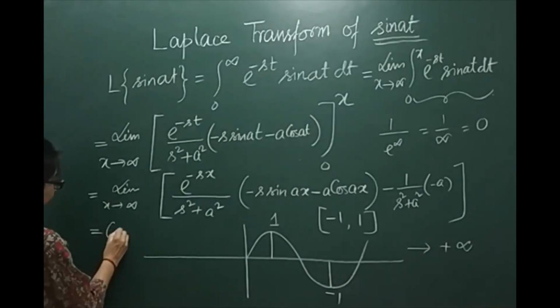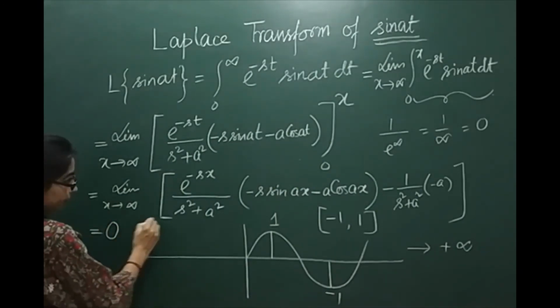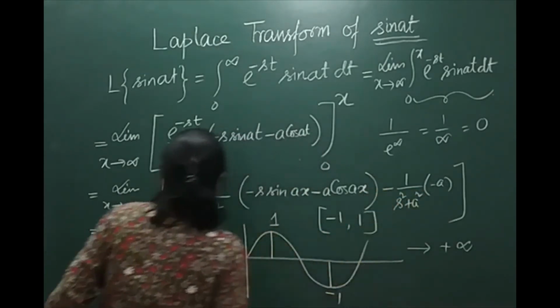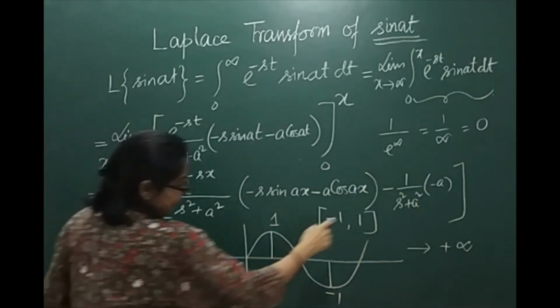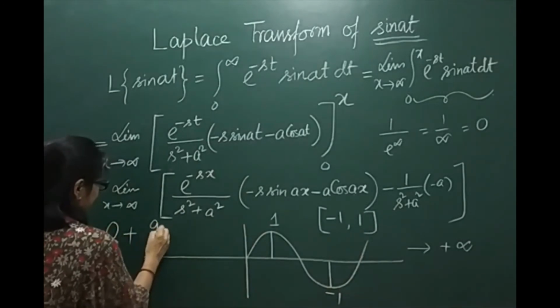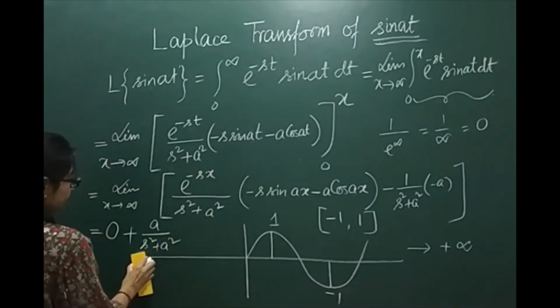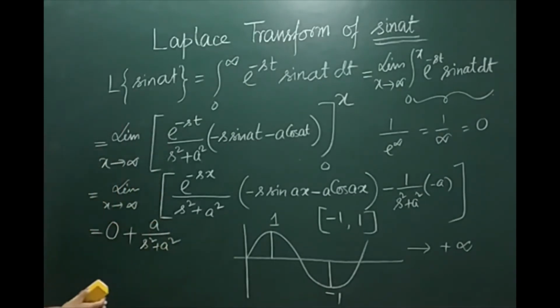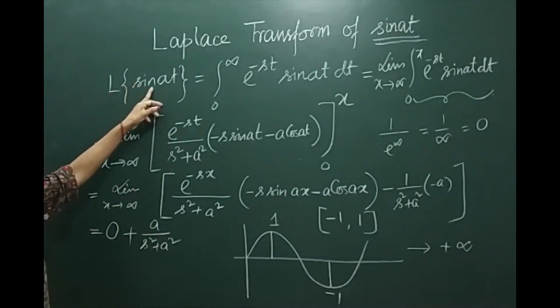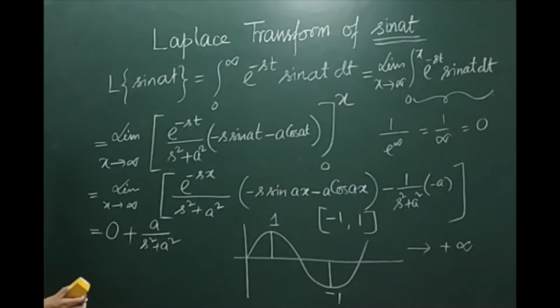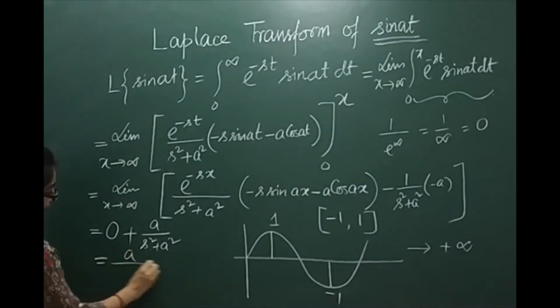So we will have 0, and this minus and that minus will be plus, and here we will have a by (s² + a²). So the Laplace transform of sin at is a by (s² + a²).